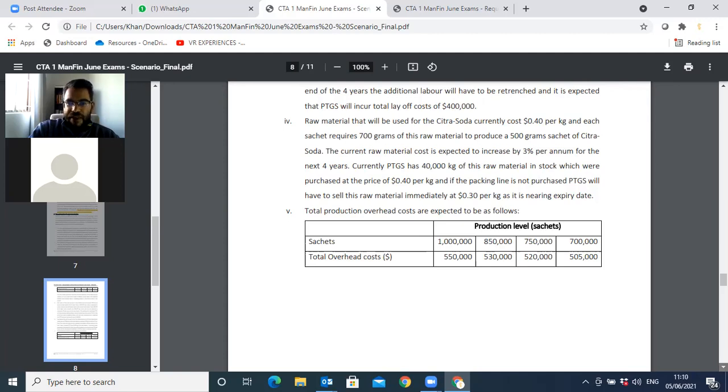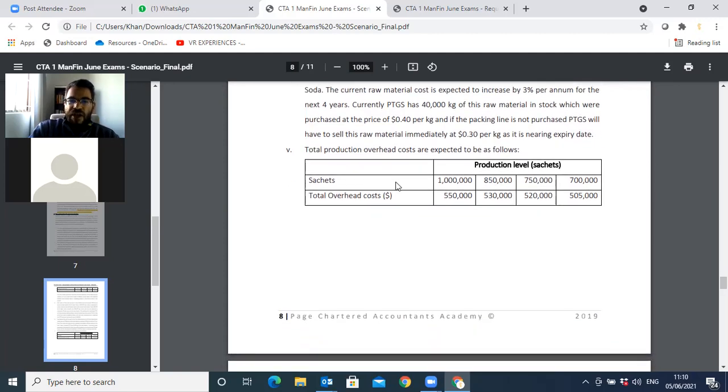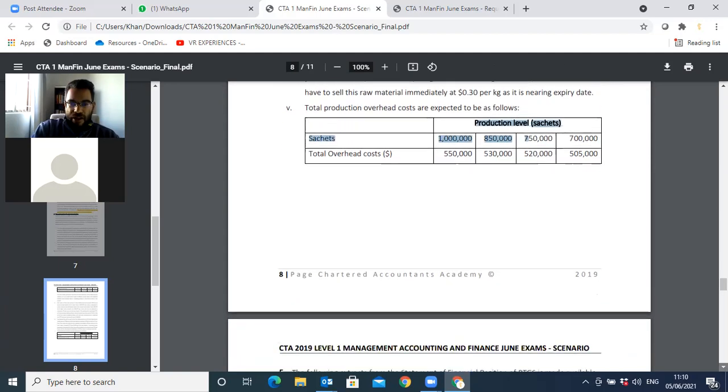When you have costs and you're given a range of information, that means there's most likely a high-low method you have to do. This is a mixed cost, which contains both fixed and variable costs. So then we have to do a high-low method to actually go ahead and calculate.